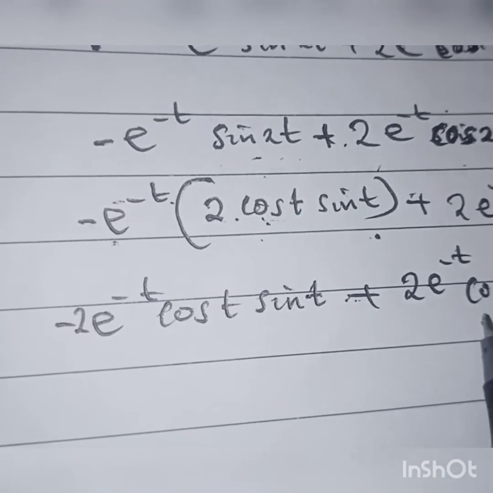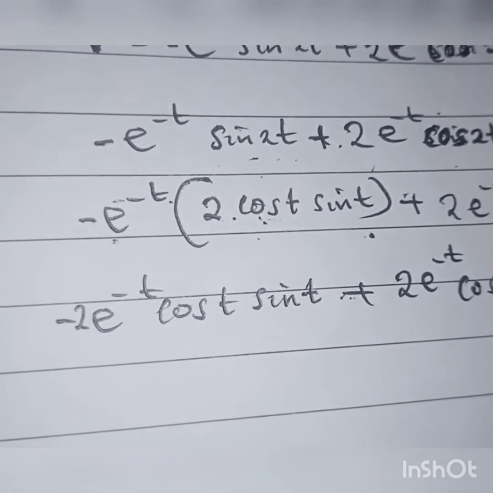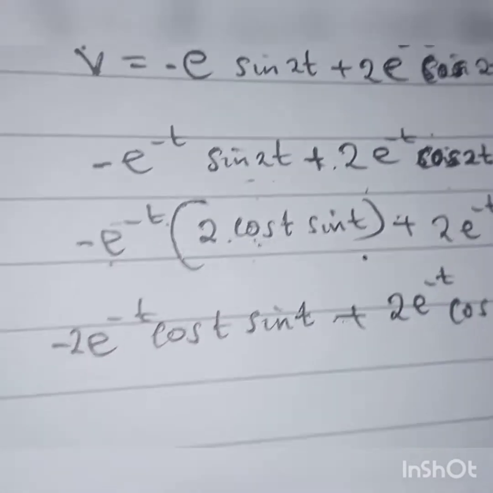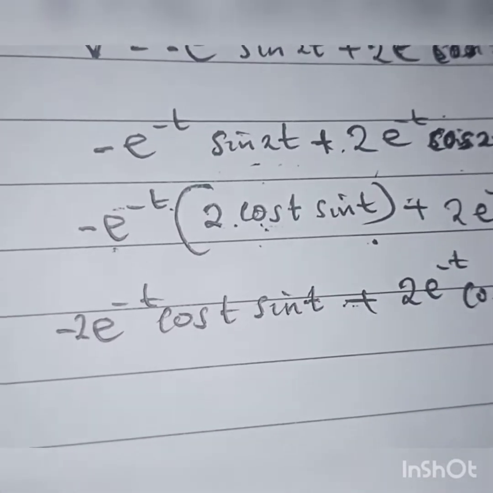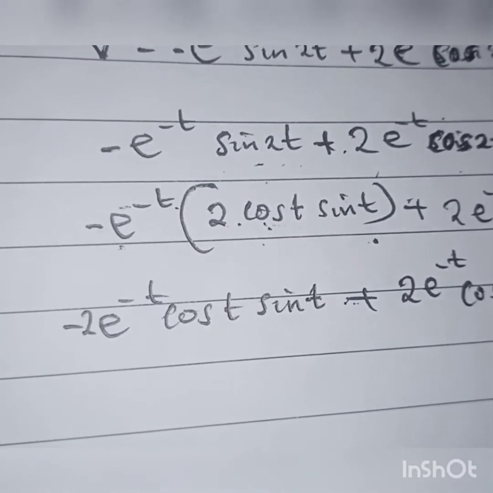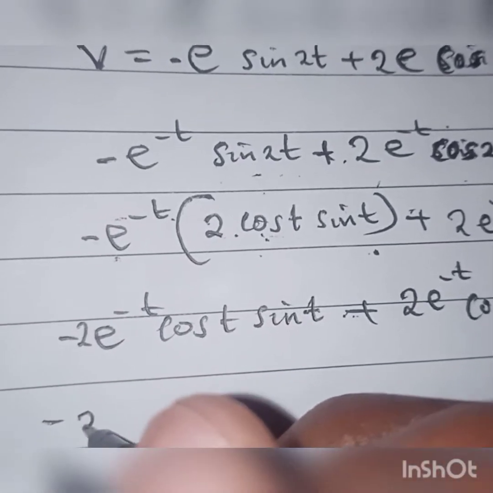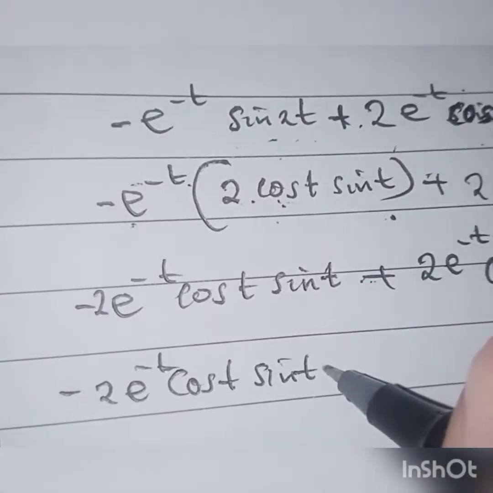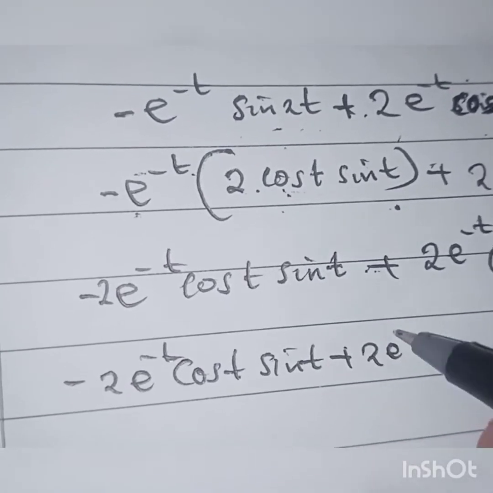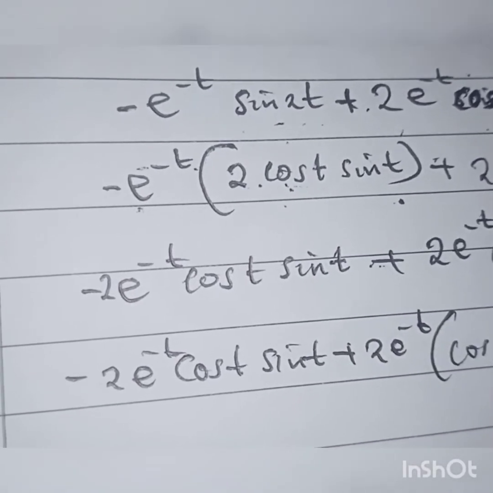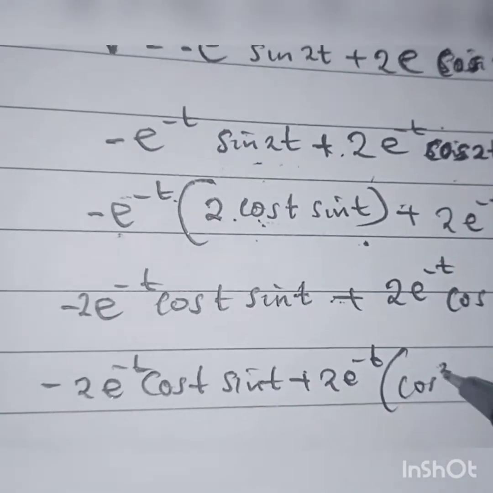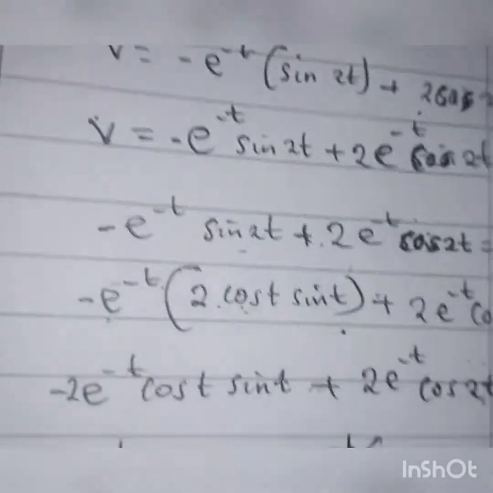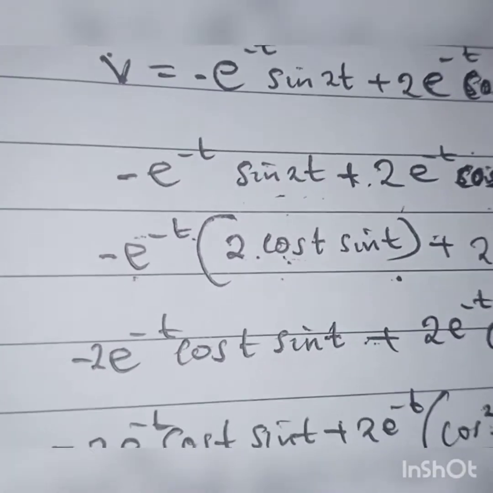But we have to write cos 2t in a good form, since this is 2t and we're only interested in t. So cos 2t is the same as cos squared t minus sin squared t, which equals 0.